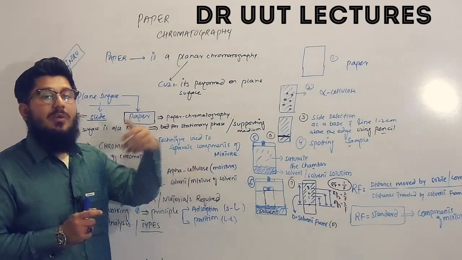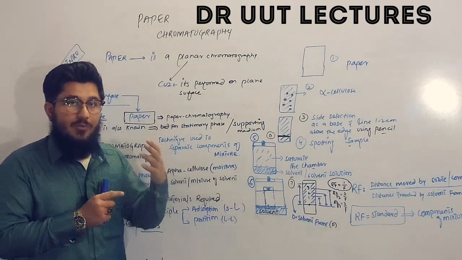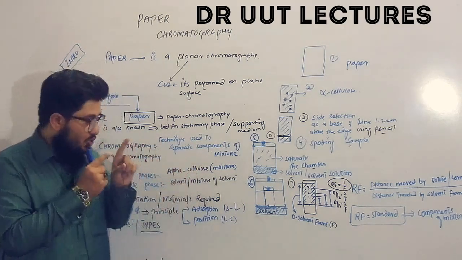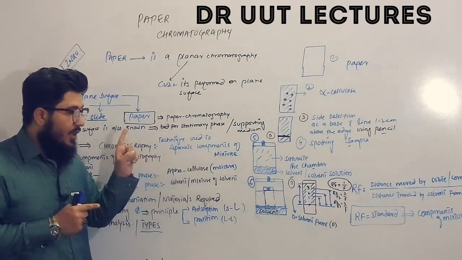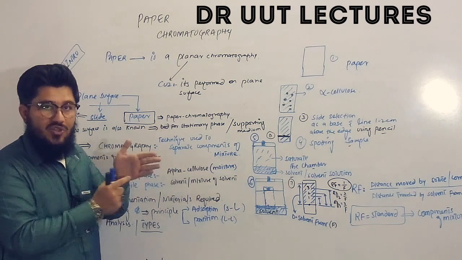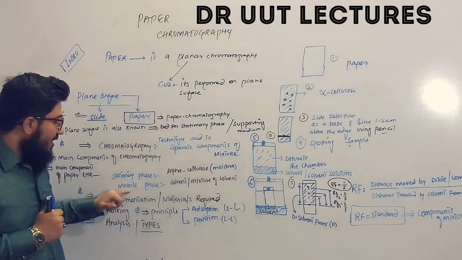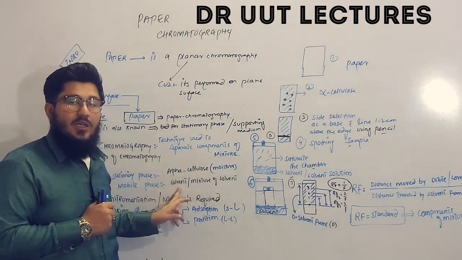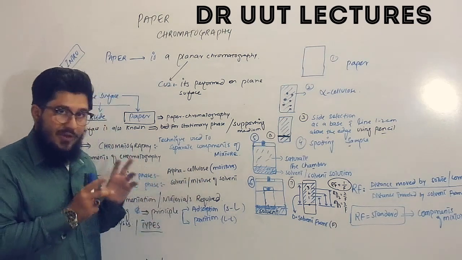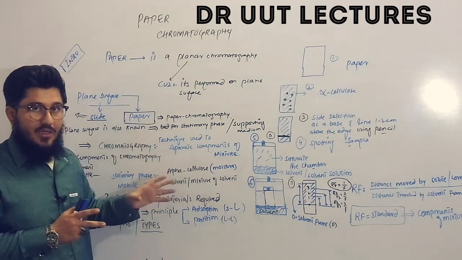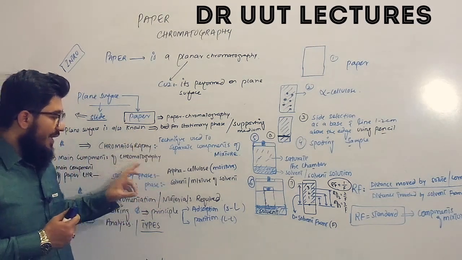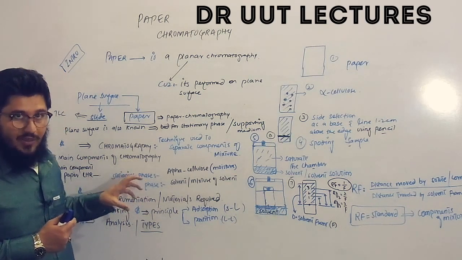You can use another paper which might not have moisture, and then that will be considered a solid stationary phase. Here I am giving you the example of the liquid stationary phase, which is alpha cellulose, a paper having moisture on its surface. The next one is the mobile phase, which may be a solvent or a mixture of solvents. You can use any. The technique I am telling you about right now is liquid chromatography.